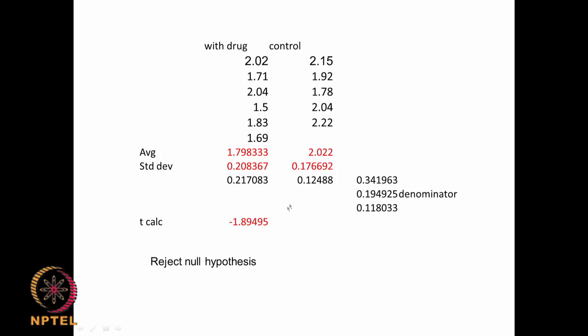So although you can say I will reject the null hypothesis at 95% confidence, I would not go too much on it. I may try to do more experiments so that we get a better difference between the t calculated and the t table. We understand. So this is a very close call actually.